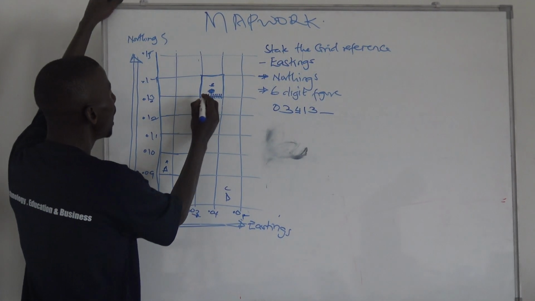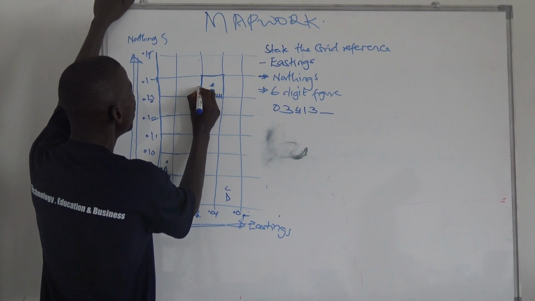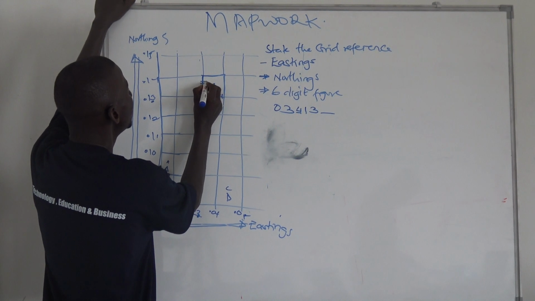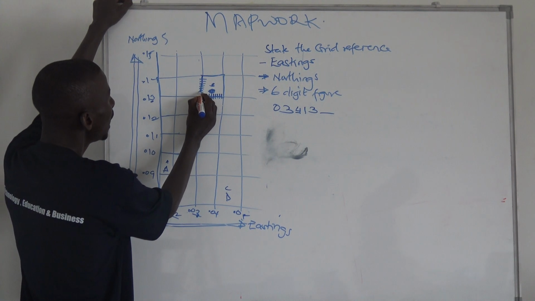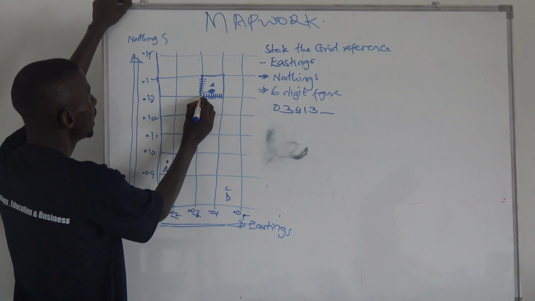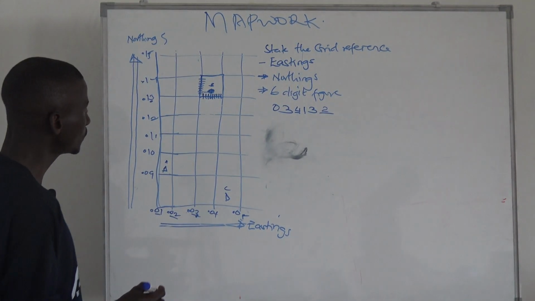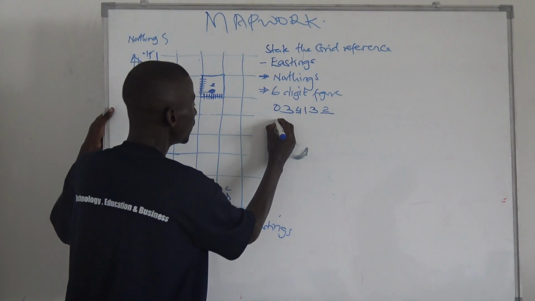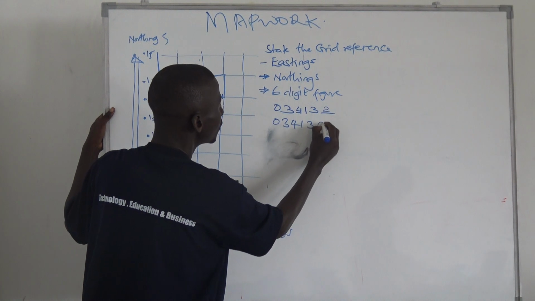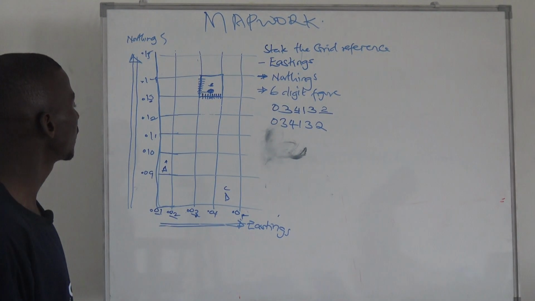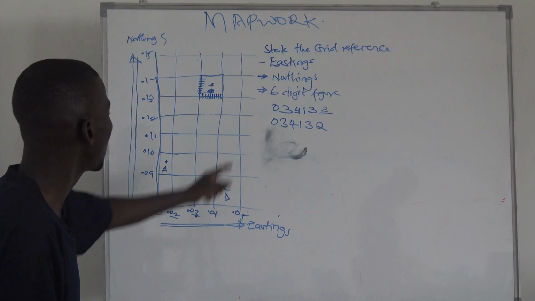Then similarly, I go upwards: 1, 2, 3, 4, 5, 6, 7, 8, 9. I count upwards until I reach that feature. That is 1, 2. So I put 2 there. So I will write it as 0, 3, 4, 1, 3, 2. That is the grid reference. That's how we state it.